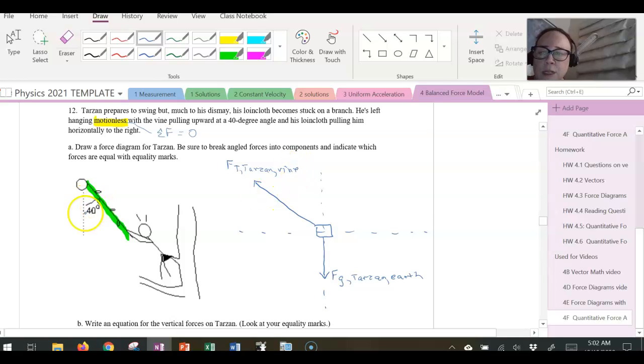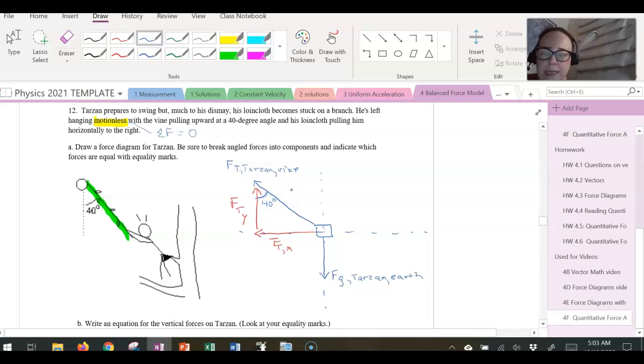And since they're giving me this angle, I'm recognizing already that this force is not parallel to either of my coordinate axes. Therefore, I'm going to need to break it into its components. Here is the x component of that force, and here is the y component of that tension force. And then I'm going to go ahead and label this angle since they gave it to me in the figure.